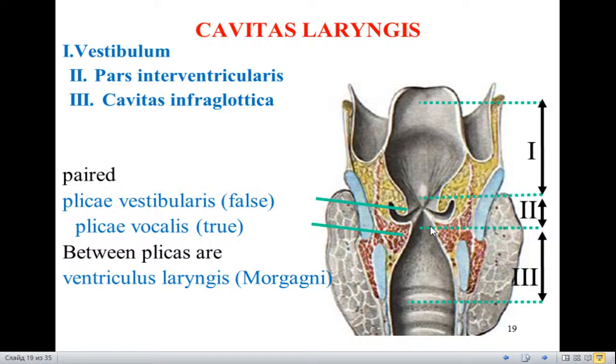That's why when you have rhinitis or hemorrhoitis or some other inflammation of any of these structures, your voice is changed.